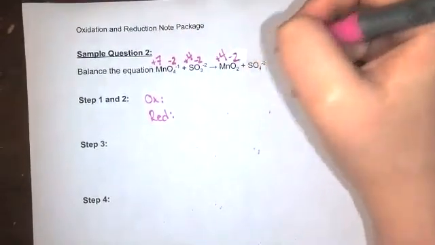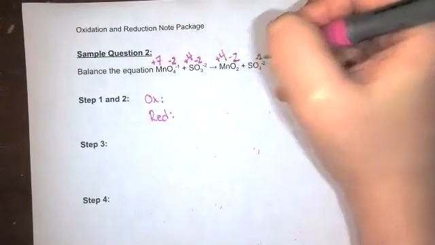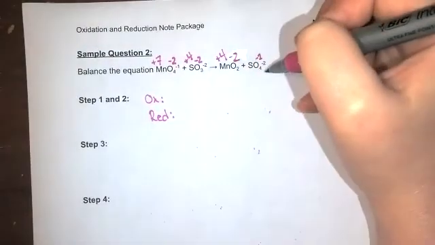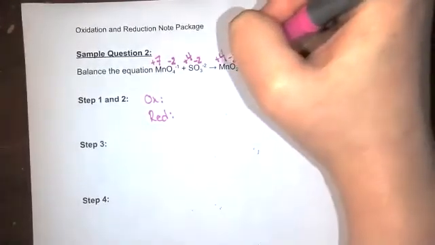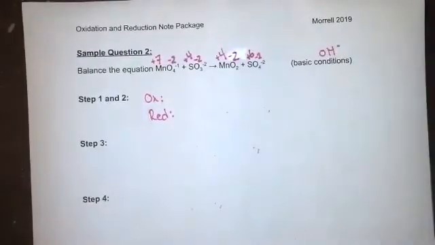Then for my sulfate, each oxygen contributes -2, but there's 4 of those, so -8. This means my sulfur must be +6 to keep that at a -2 charge.